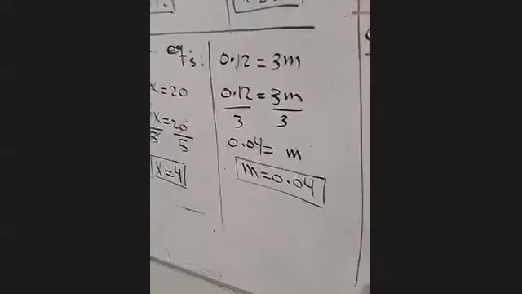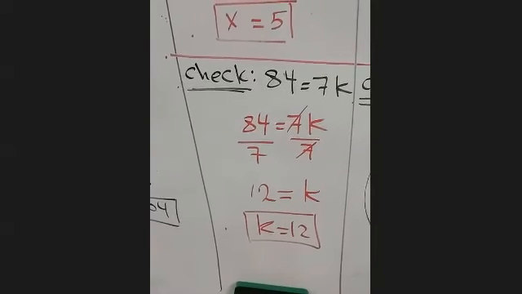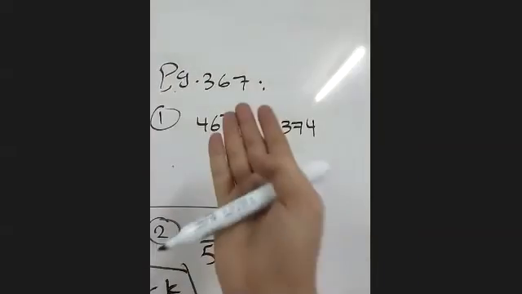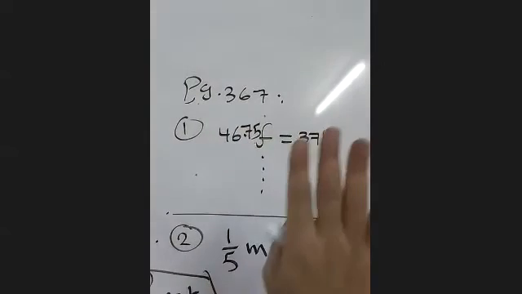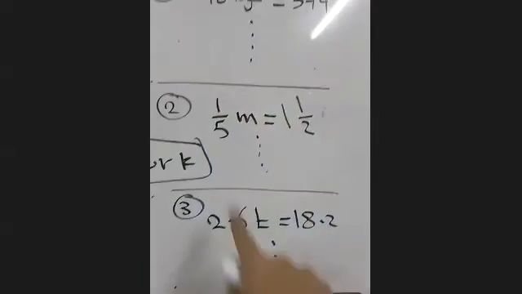Solve it. Can I write multiply between F and 75? No, don't write multiply here. No, keep it like this. Don't write multiply ever. Okay.